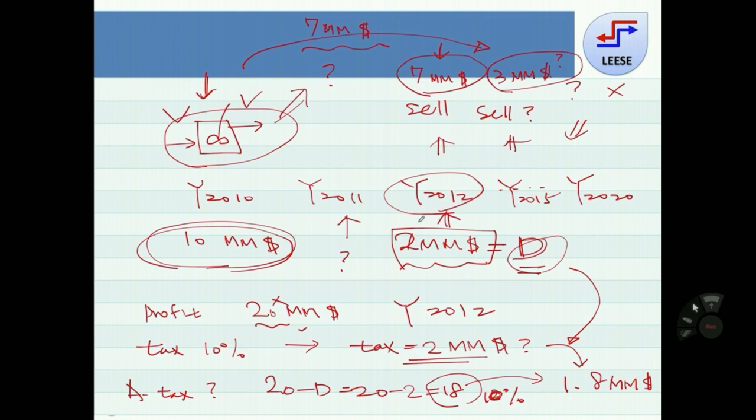But you should be careful in terms of taking depreciation. The depreciation cannot exceed the initial investment. So I'm buying 10 million. I'm using 2 million as a D each year, and adding up these three will be 6 million.